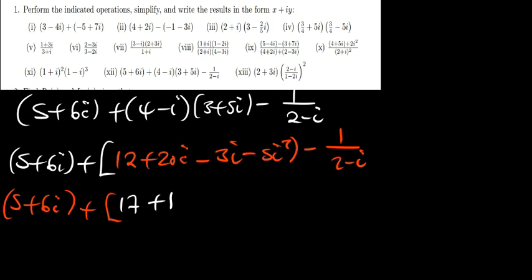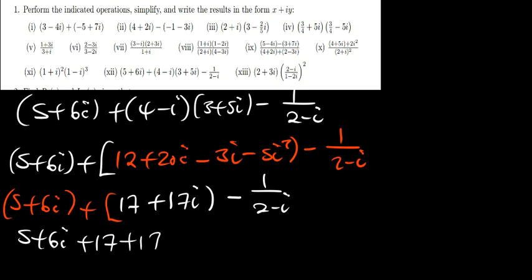So it will be plus 17i. Then here I've got minus 1 over 2 minus i. Now I can open the brackets for the first part here. So it will be 5 plus 6i plus 17 plus 17i minus 1 over 2 minus i.